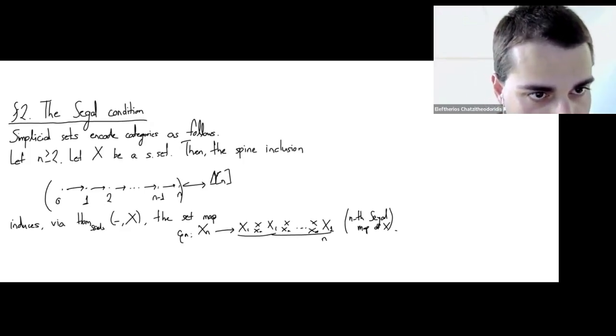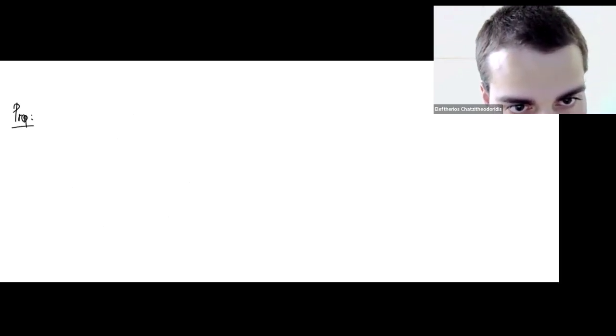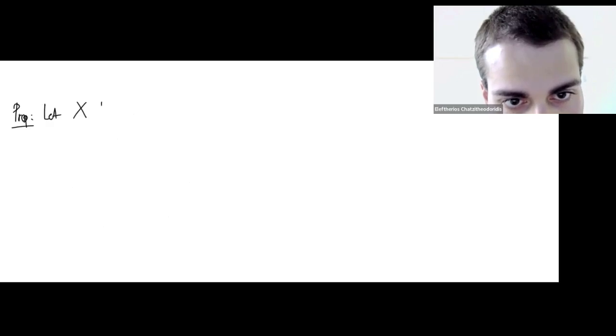This is the proposition. I can give you a reference if you want, but it's a nice exercise if you care about these things, which says: let X be a simplicial set, and then the following are equivalent.